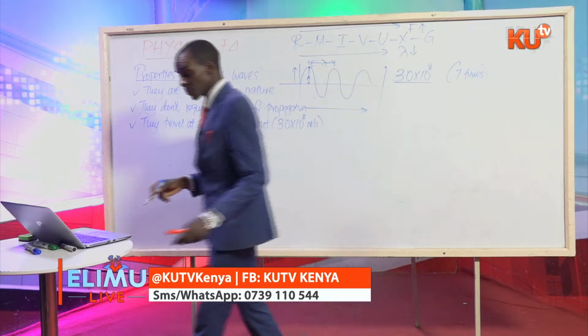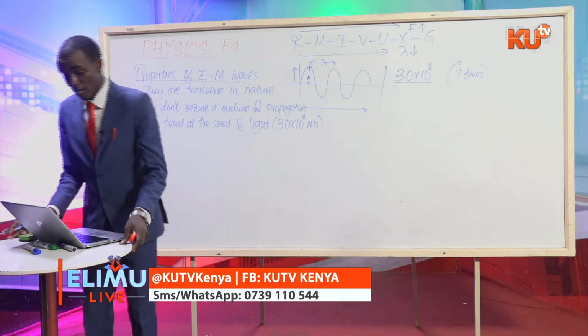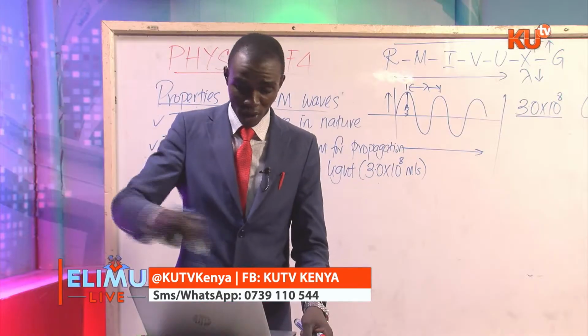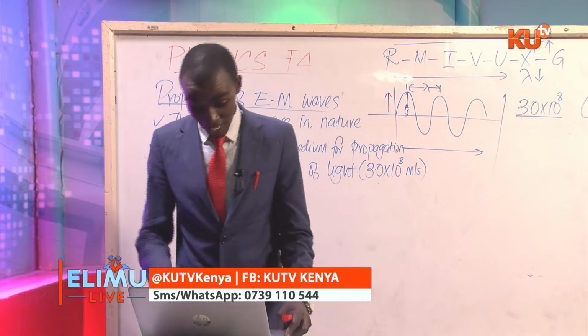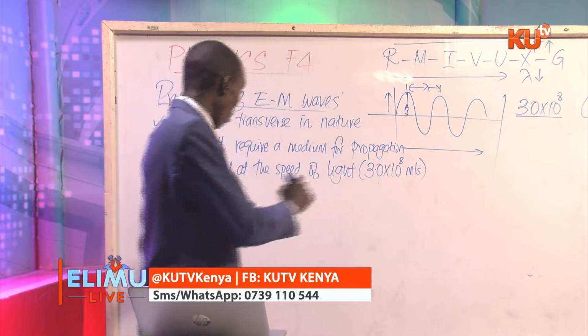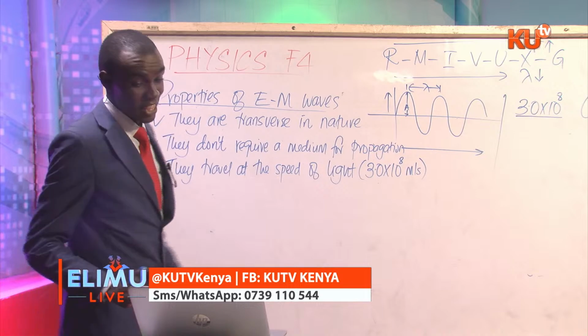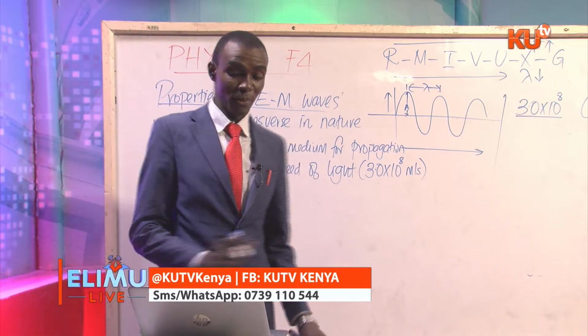If you shine some light, an EM wave, it will go around the earth almost 7 times in 1 second. Number 4, these waves carry no charge. So that means they are not charged.